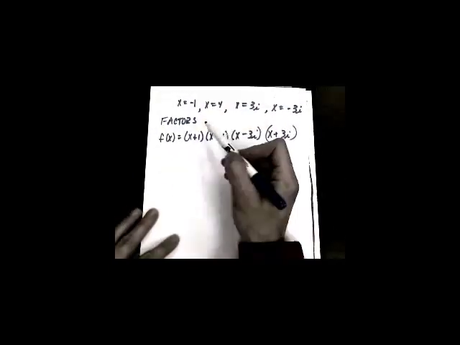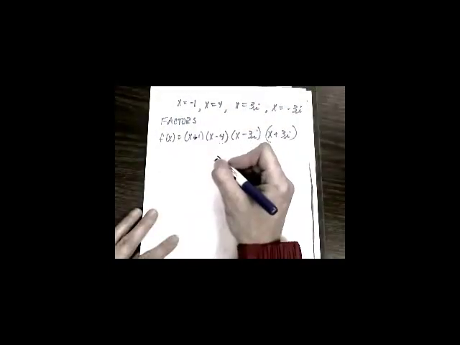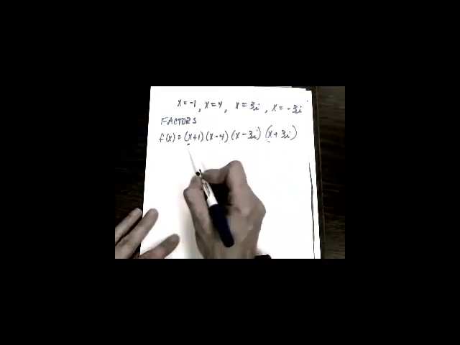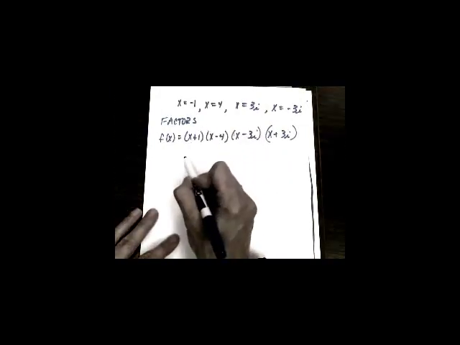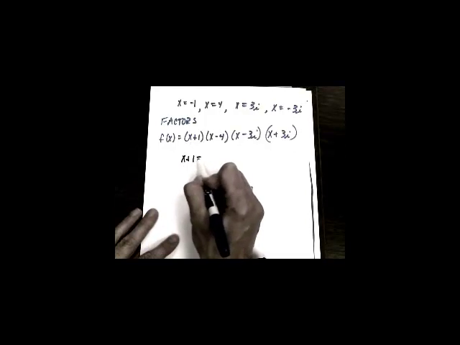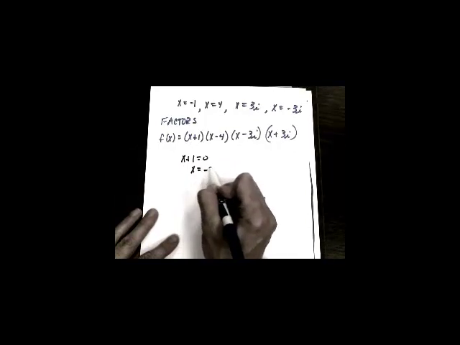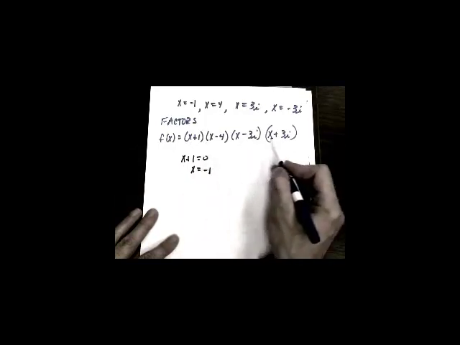When we create factors, the factors are opposite signs basically, because whenever we have a factor of x plus 1 and we set it equal to 0, we get an answer of x equals negative 1. And the same thing's true with all these. If I set x minus 3i equal to 0 to solve for x, then I get x equals positive 3i.